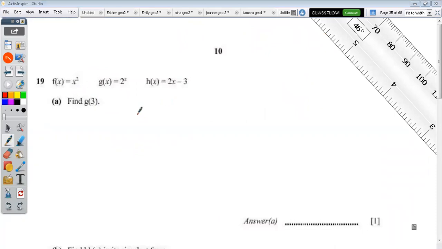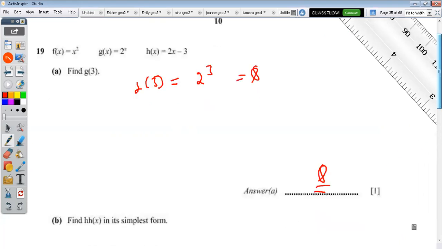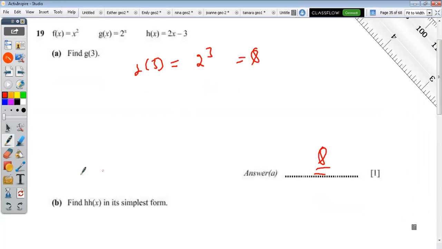So g of x, the value of x is to the power of 3, h of x. So we find the h of x. Sorry, we have the h of x.